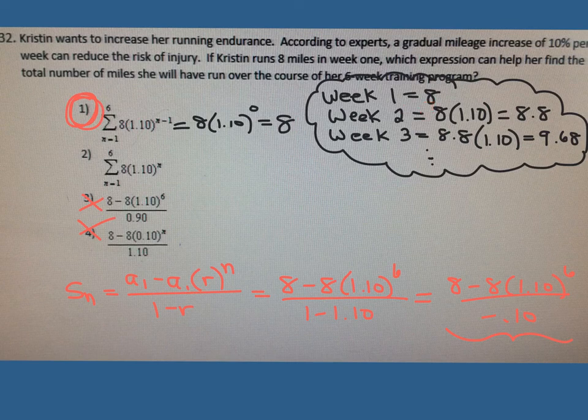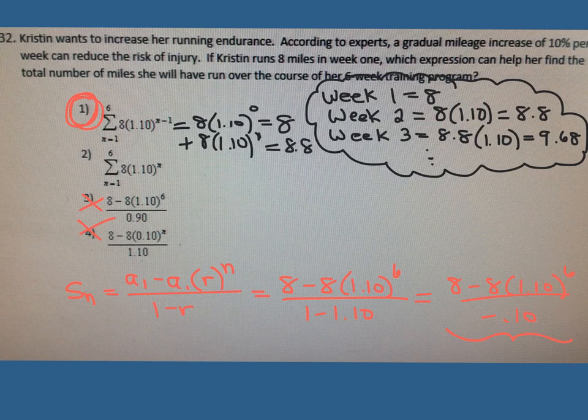If we were to do the second week, we would do 8 times 1.10, because now we're replacing this n with a 2, and 2 minus 1 is 1. Isn't that what this says right here? So it has to be equal to 8.8.